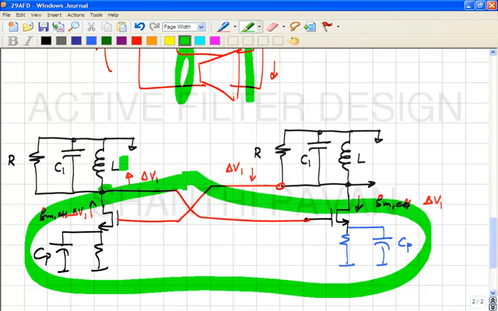And what do I mean by strong? If it's oscillating, what does it mean? That means the negative resistance is much too negative. Or the net current being pumped by the negative resistance is much larger in magnitude than the net current being drawn out by the positive resistance. And which is the positive resistance?